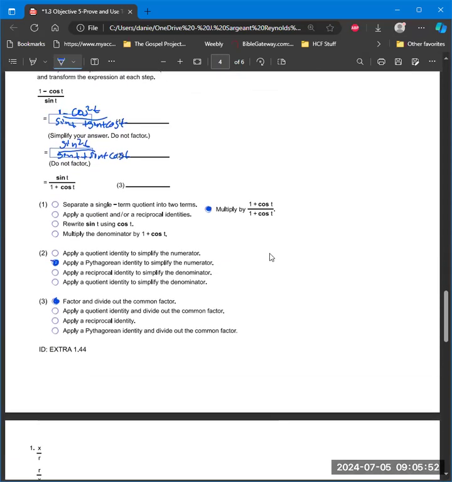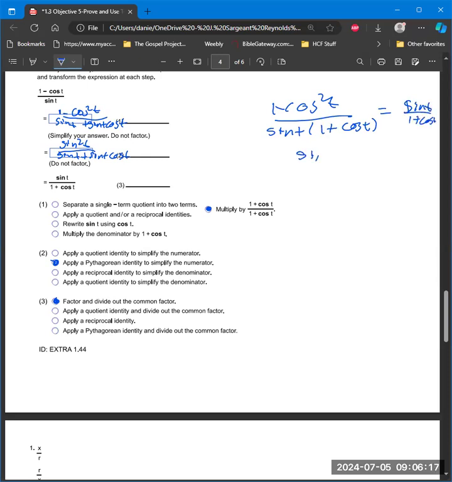I would have left it factored. I wouldn't have distributed, but I'm just writing down the steps as they have them in my labs here. So I would have done 1 minus cosine squared of t over sine of t times 1 plus cosine of t.